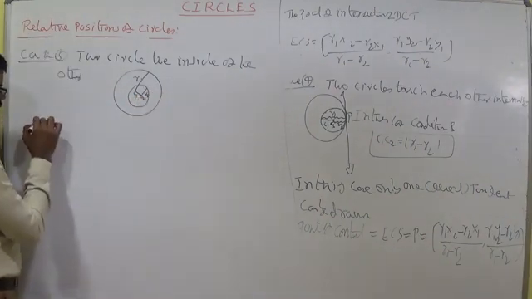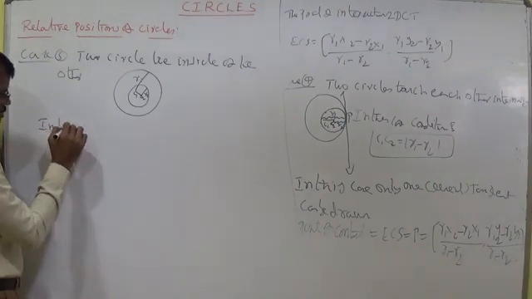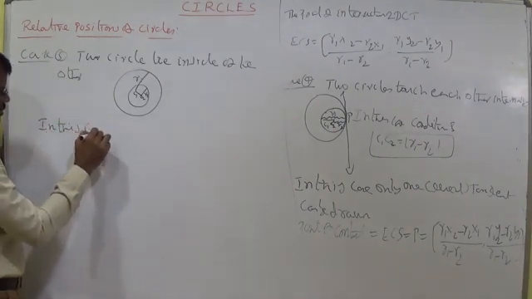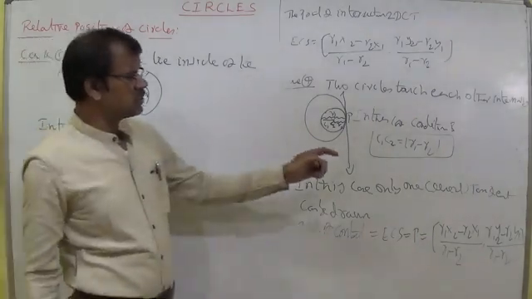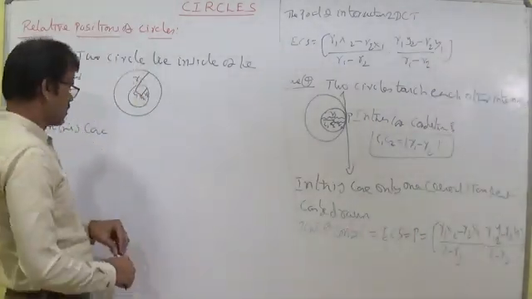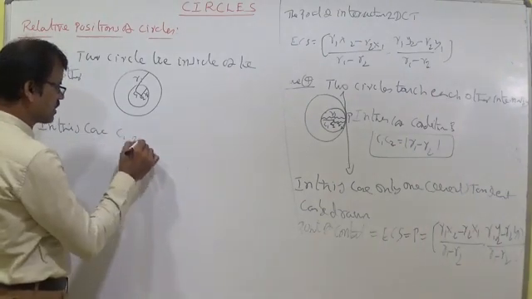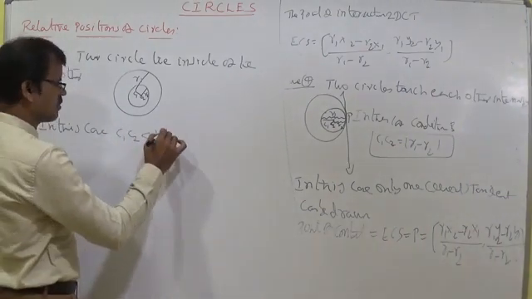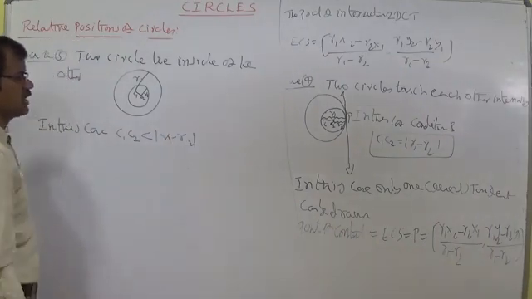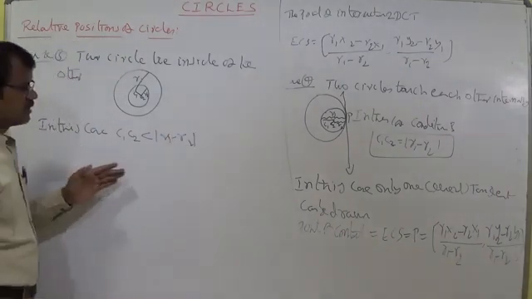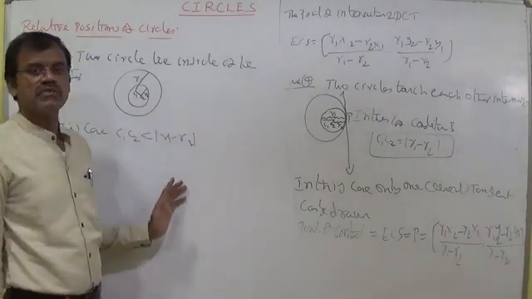So the distance in this case I am writing: C1 C2 is less than modulus of R1 minus R2. So the distance between C1 and C2, the line joining C1 C2, is less than the difference of the radii.